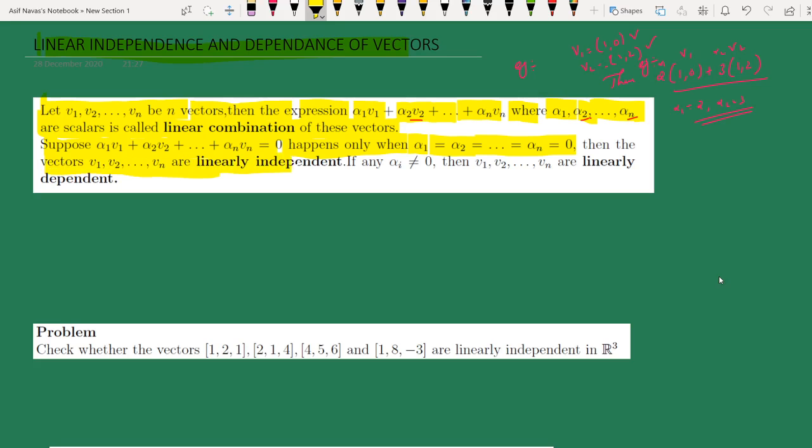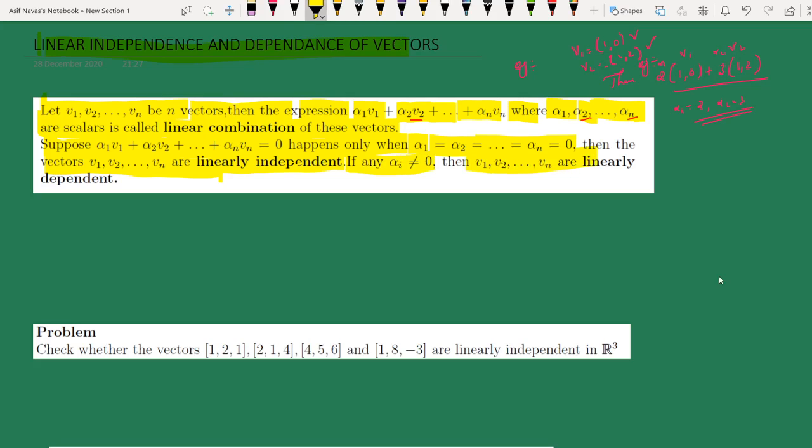That means if any linear combination equals 0 only when all alphas are 0, then we say those vectors are linearly independent. If any alpha i is not equal to 0, then we say linearly dependent.